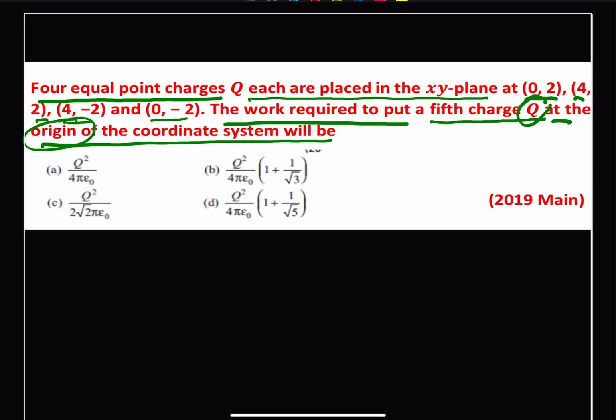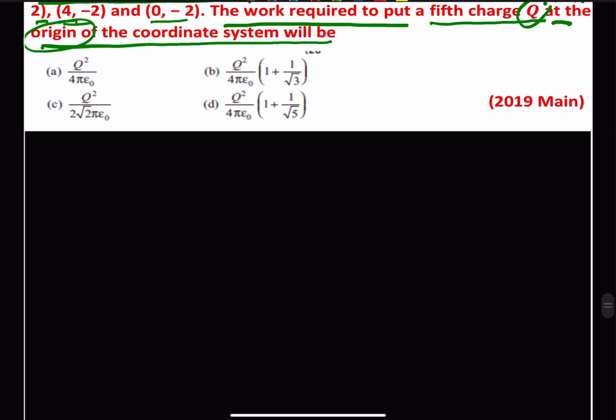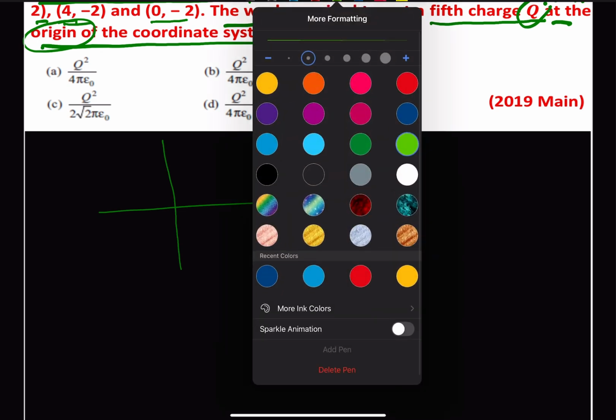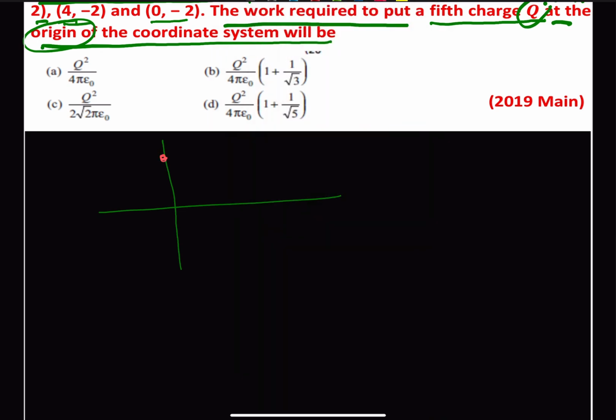So we can just draw an approximate figure. Charges are given as (0, 2) and (0, -2). Then we have (4, -2) and (4, 2).